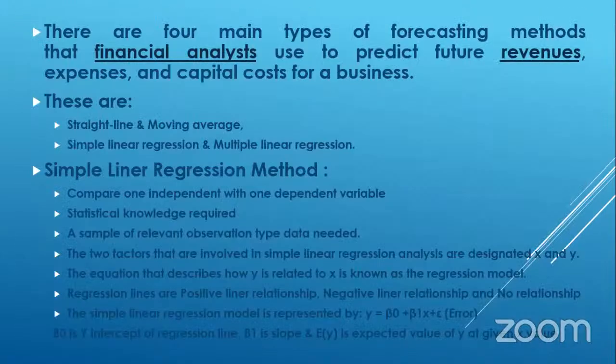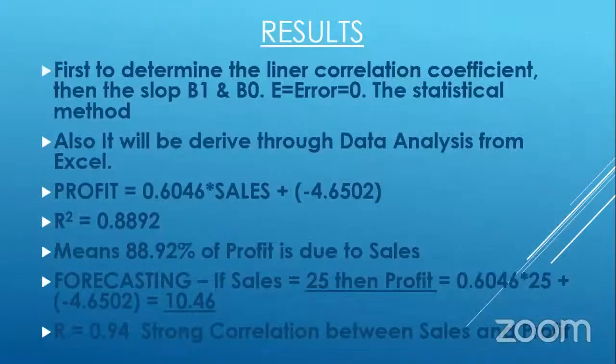b0 is the y-intercept of the regression line. We can also derive this through Excel, from Data Analysis. Actually, my Excel is a lower version, so I don't have that facility.